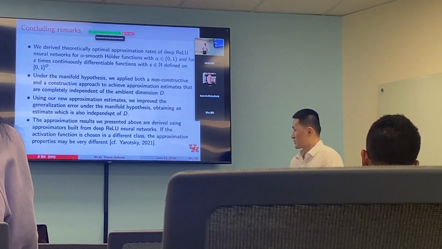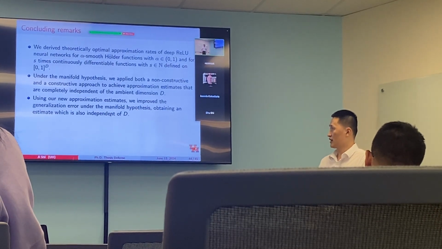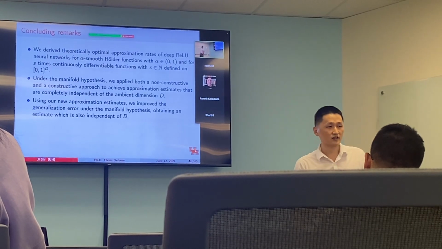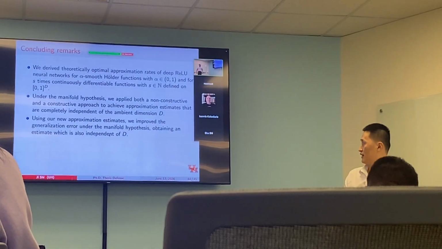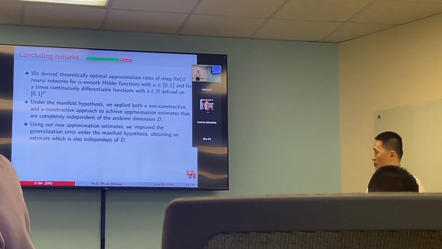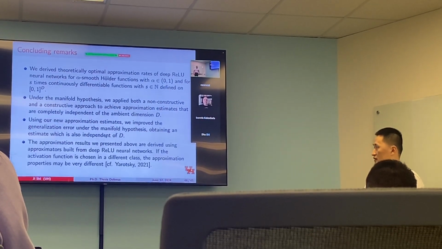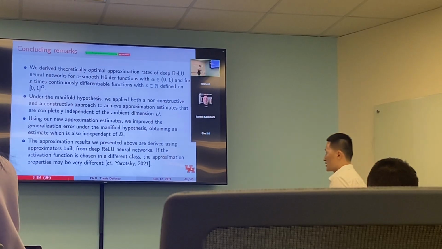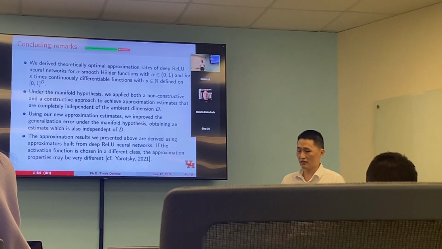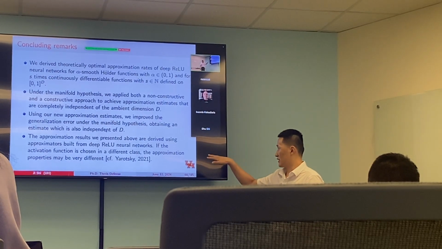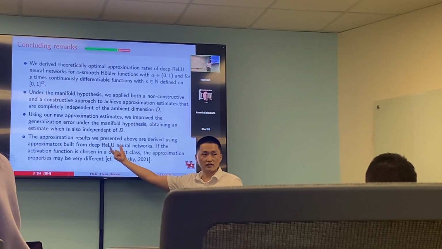Using our new approximation estimates, we improved the generalization error under the manifold hypothesis. This also obtains an estimate which is independent of the input dimension capital D. But the approximation results we presented above are derived using the deep ReLU neural network, where the activation function is the ReLU function.